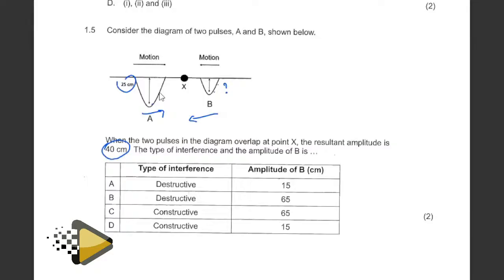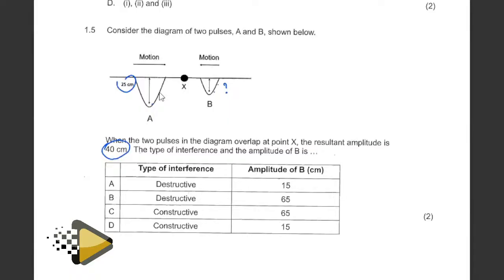Now, since both of them are in the same direction, both of them are crests, we expect the resultant pulse to increase. In other words, it should be bigger, which means it's going to be a constructive interference.